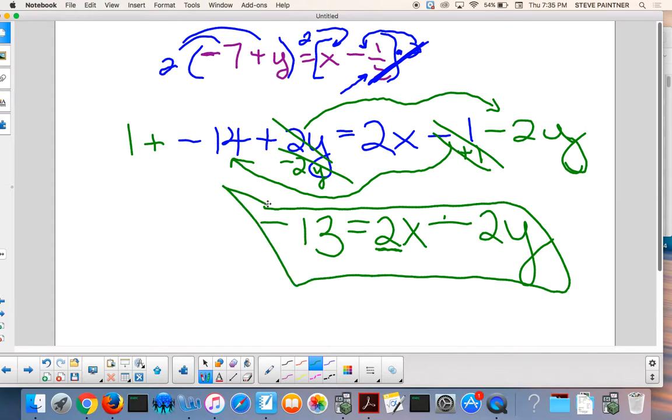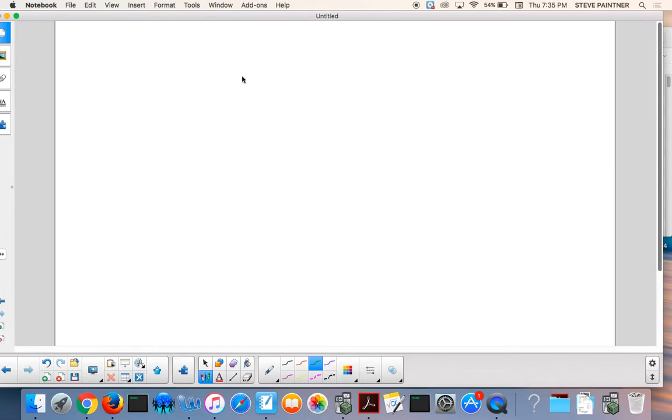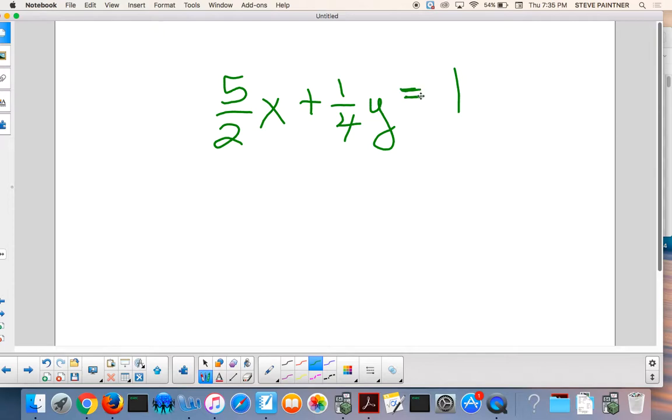Okay, that's it. The last one is kind of messy, but they're on your homework, so you've got to look at this. Many students today were confused with this one because they just didn't know how to get rid of a 4 on the bottom and a 2 on the bottom. And I kept asking them, how would you get 4 and 2 to cancel out?